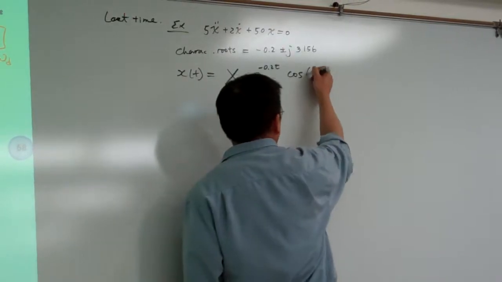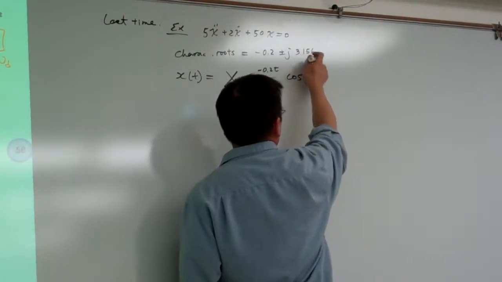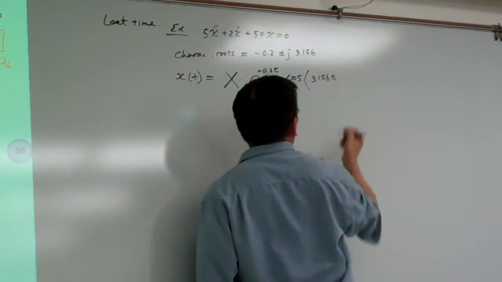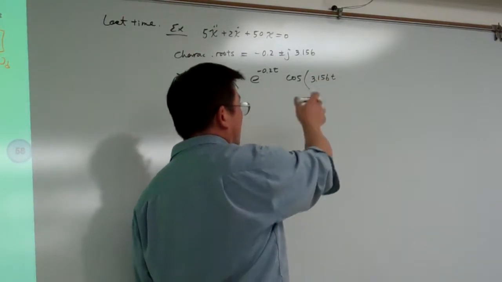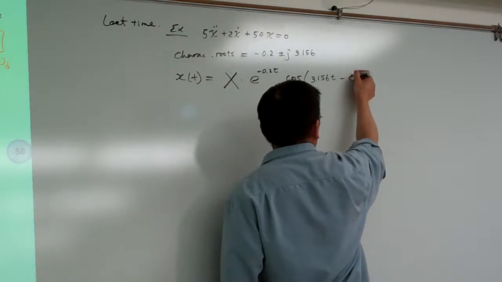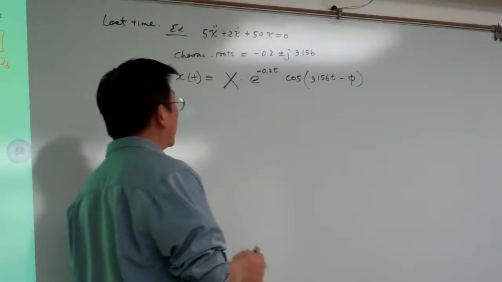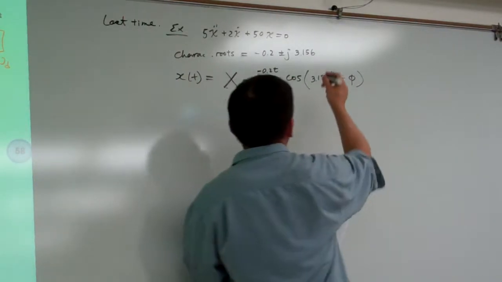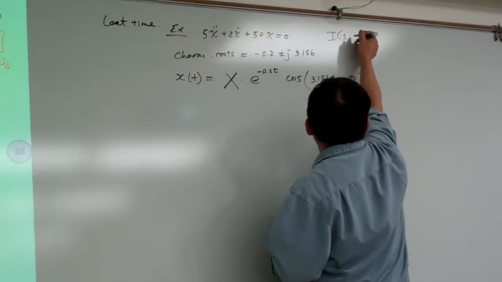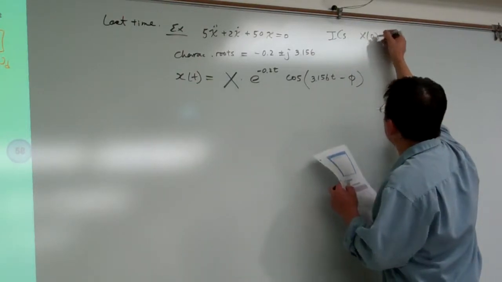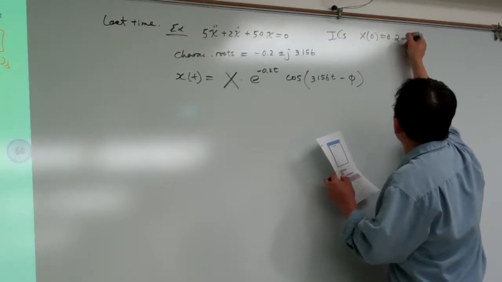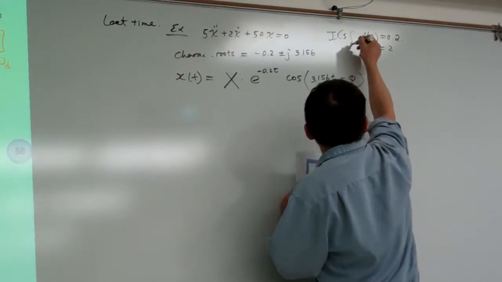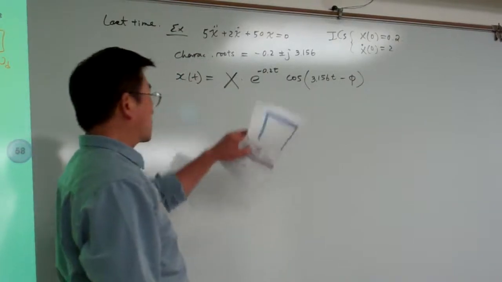The oscillation frequency omega d is the imaginary part, 3.156 t. Right now we are in the combined form, so we consider a phase angle here. X and phi can be solved by initial conditions. Last time we were given x0 equal to 0.2 and x dot 0 equal to 2, so we have two initial conditions to solve this.